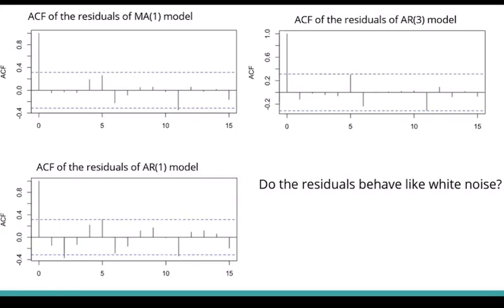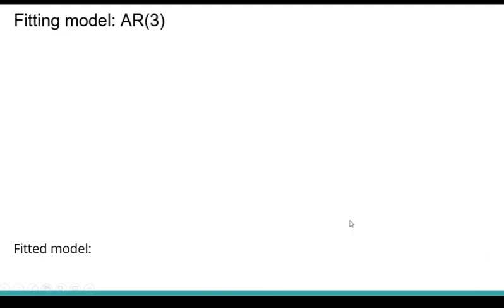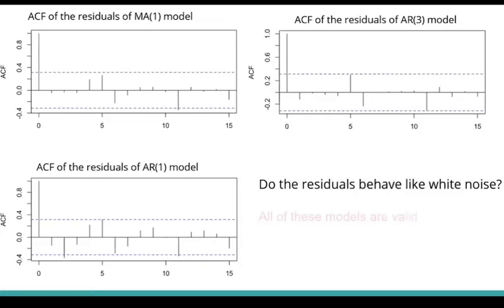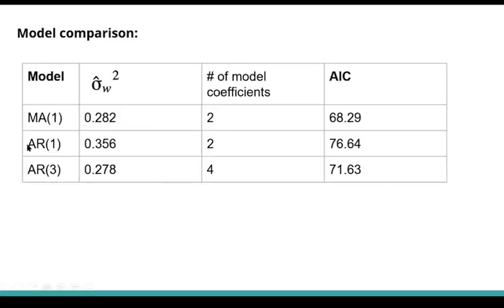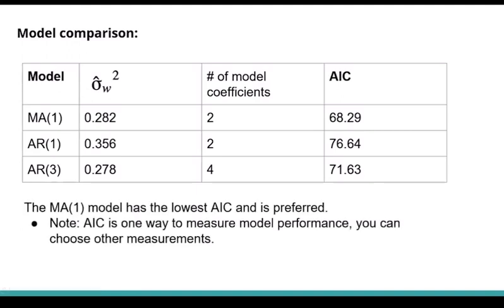When you were estimating each of the models the other time, we had the estimated sigma squared, the log likelihood, and the AIC. I'm going to make use of the AIC. Take a look at the competing models right now. We've written out the estimated variance and the AIC, and the one with the lowest AIC will be considered the best model.